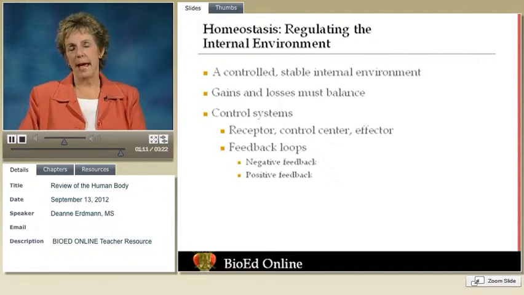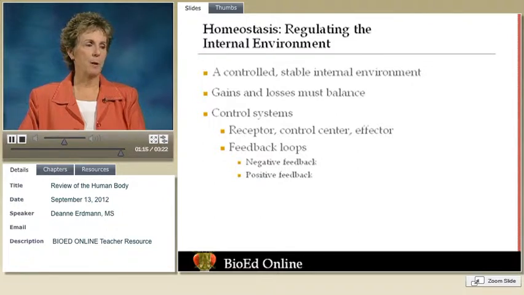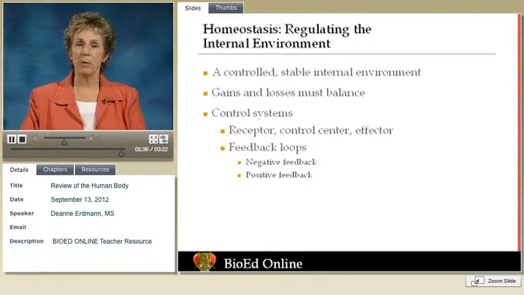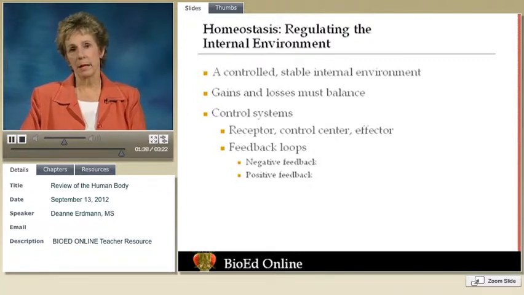Homeostasis, we've been talking about different forms of homeostasis all throughout this particular talk, and what homeostasis involves is regulating the internal environment, producing a steady state. And that's what homeostasis is, a controlled, stable, internal environment. And just by the act of taking in oxygen, carbon dioxide going into the blood, you have immediate chemistry changes that have to be rectified, or the blood's not going to function correctly.